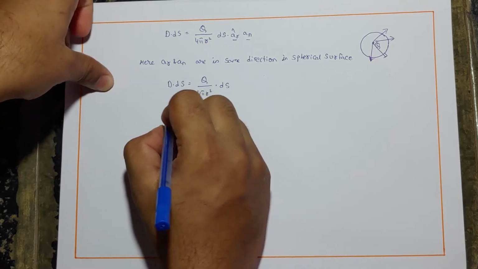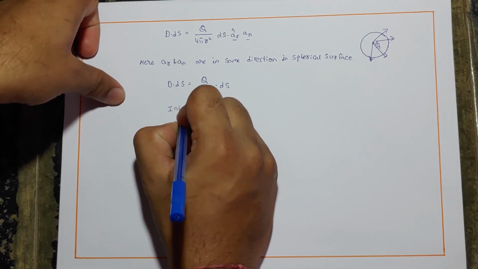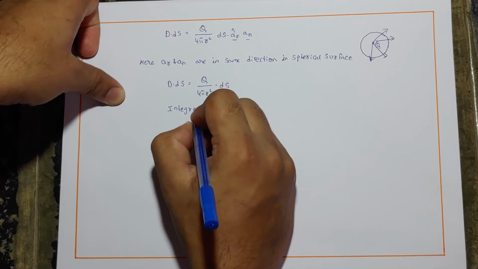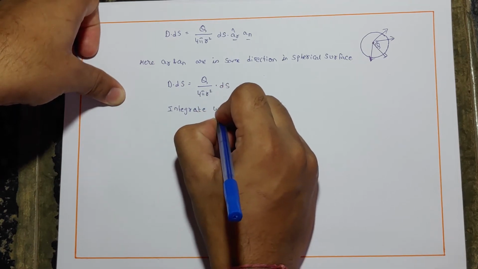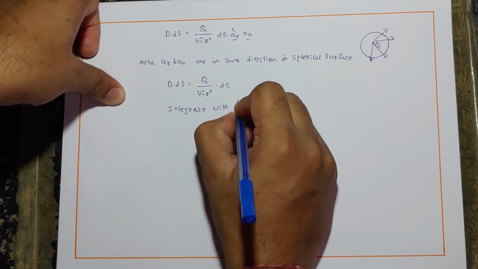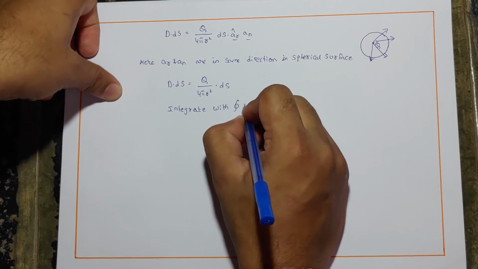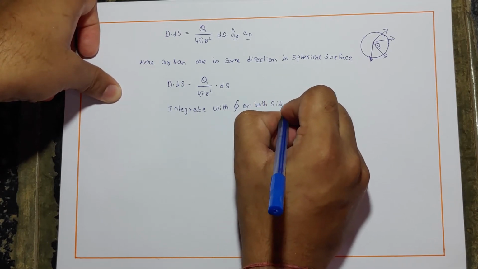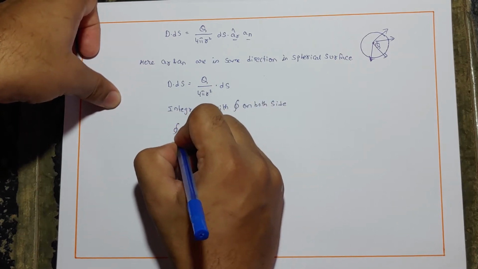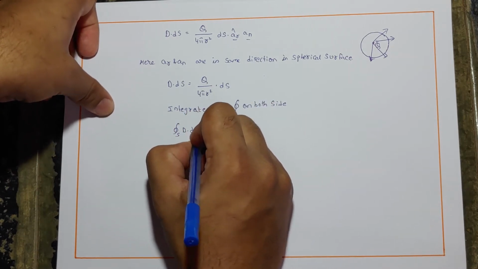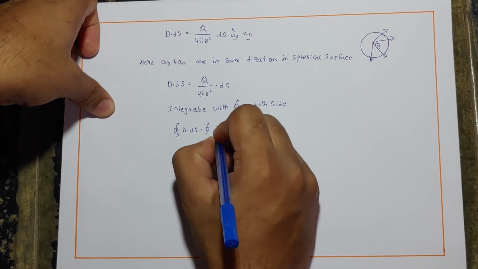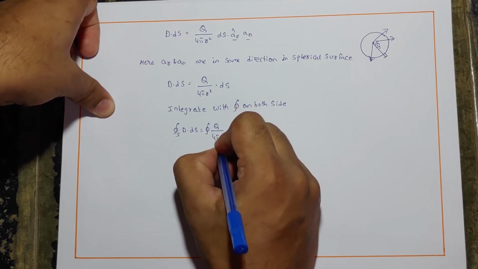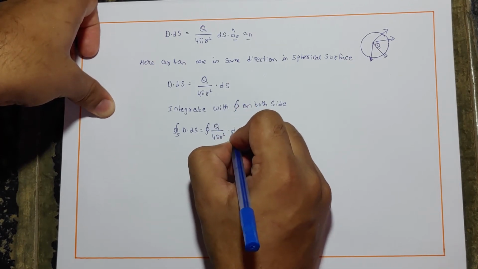Now let us integrate with the closed surface integral on both sides, that is closed surface integral of D dot dS is equal to closed surface integral of Q by 4 pi r square into dS.